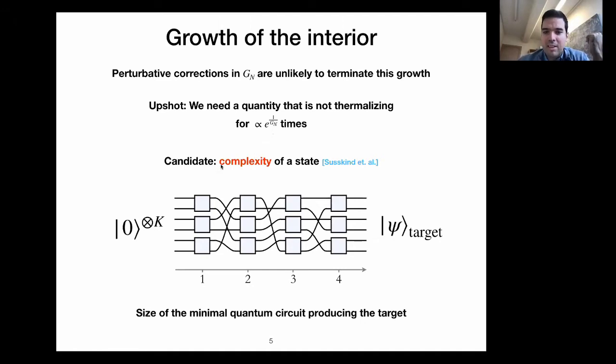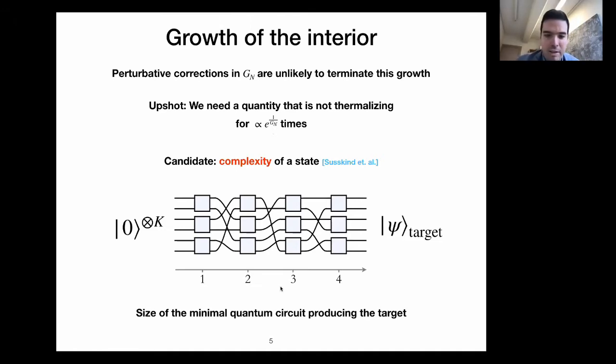Okay, so one candidate that has been proposed by Susskind and others is called the complexity of a state. So what is this? Consider k qubits, and suppose you have access to some simple limited operations, and you want to transform a particular state of k qubits, which is now a product state here, into some target state.